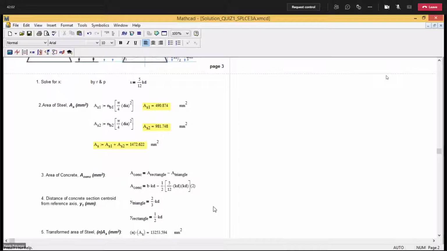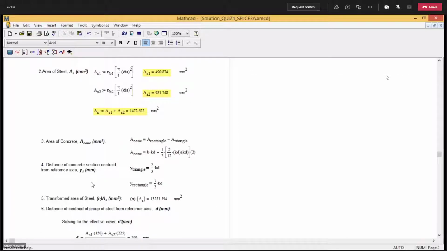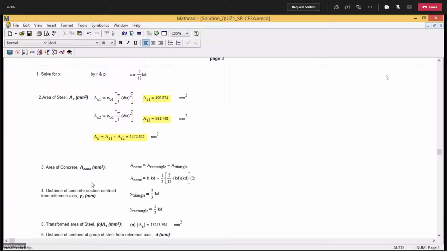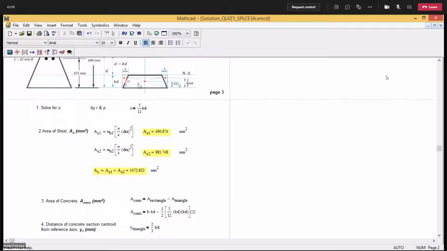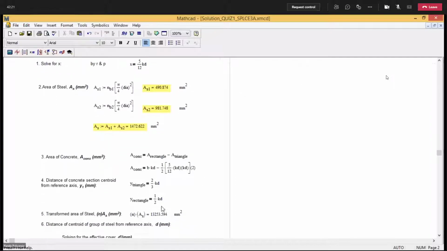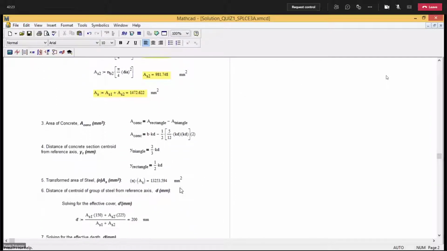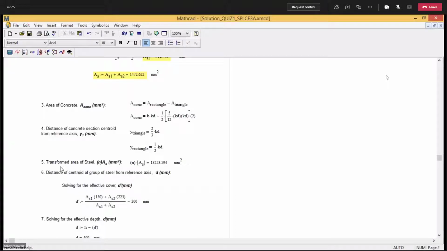And then for the location of the centroid of the rectangle and the triangle, we have KD over 2, while yung ating triangle is 2/3 KD, no? 2/3 KD. Okay. Okay, so the equivalent transformed area of the steel, so we have this one.